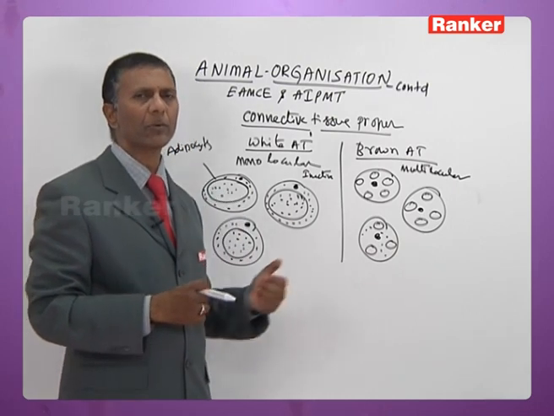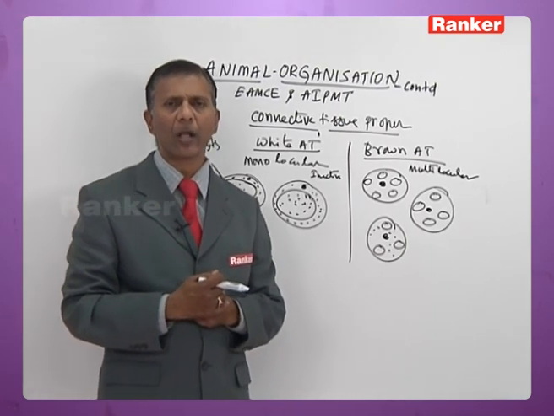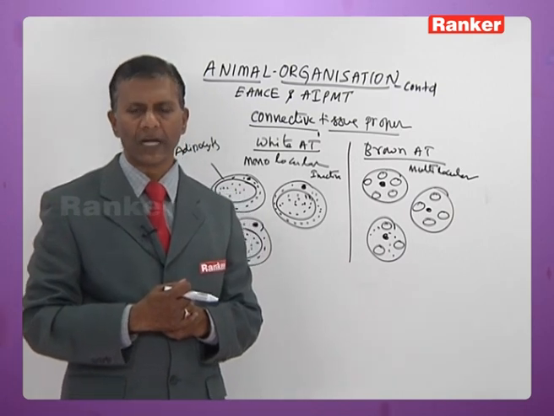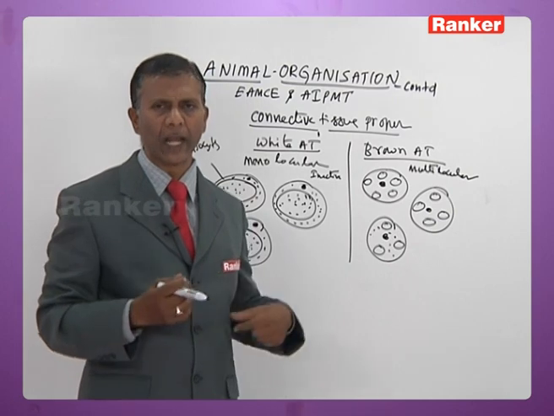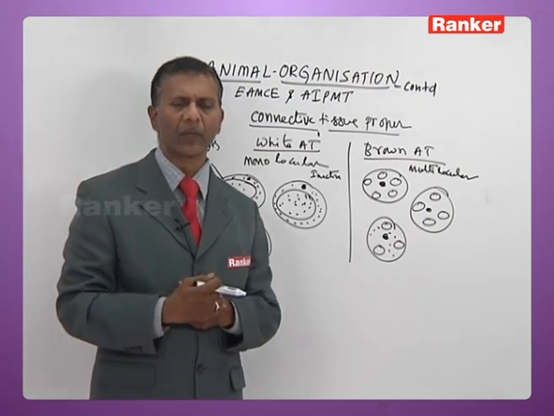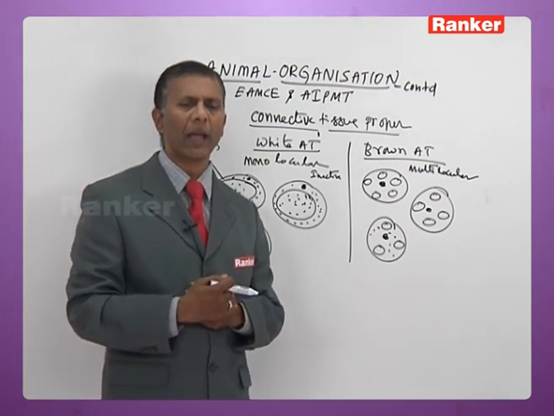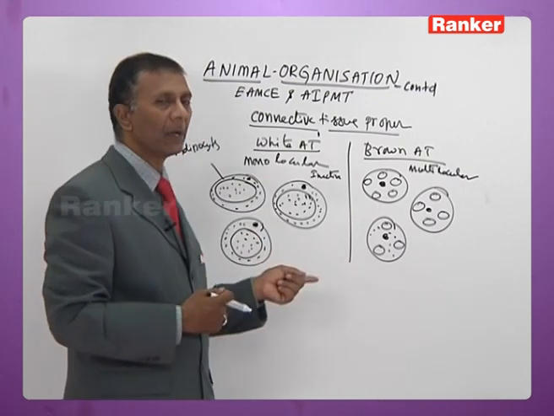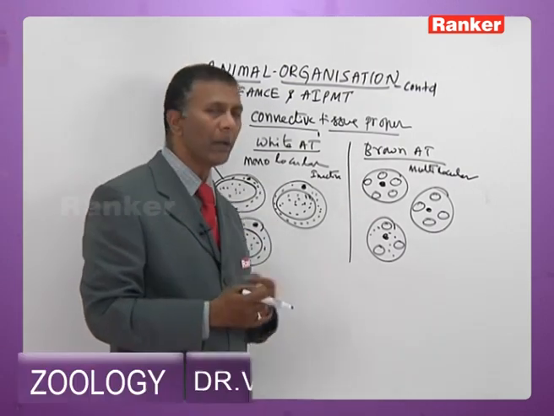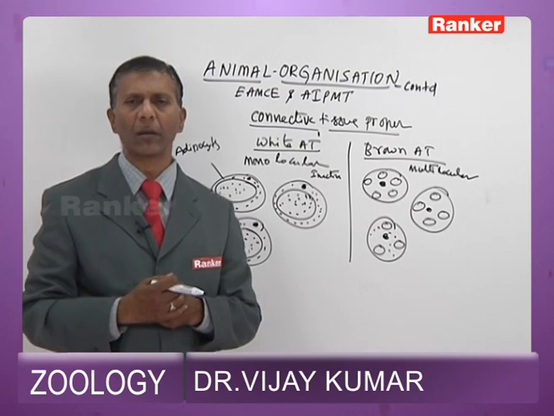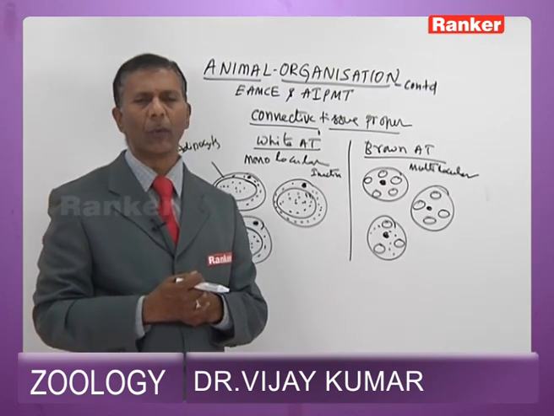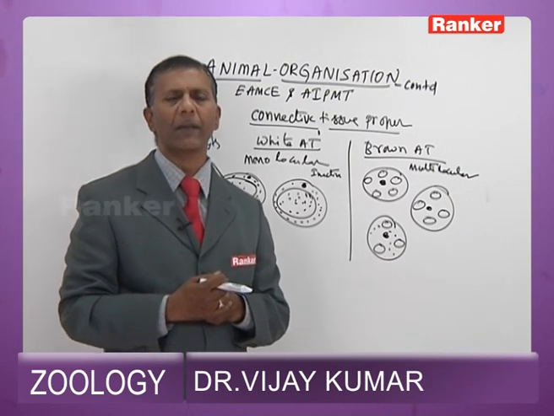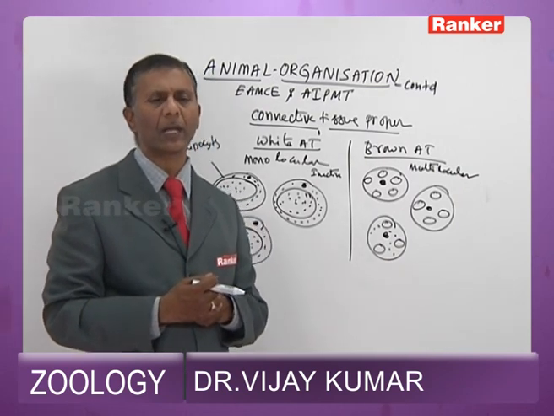Apart from this, white adipose tissue also acts as a shock absorber for the various visceral organs. It is there around the eyes, around the kidneys, below the skin, and in the hip region. So by and large it acts as a shock absorber in the human body, whereas brown adipose tissue is mainly concerned with thermoregulation. It is present in infants, and in whales it forms blubber and thereby helps in regulating body temperature.